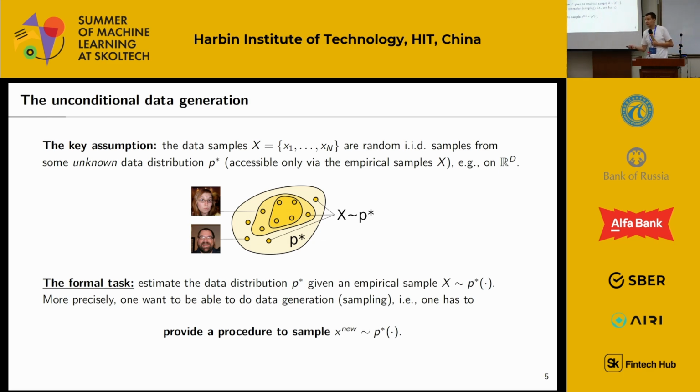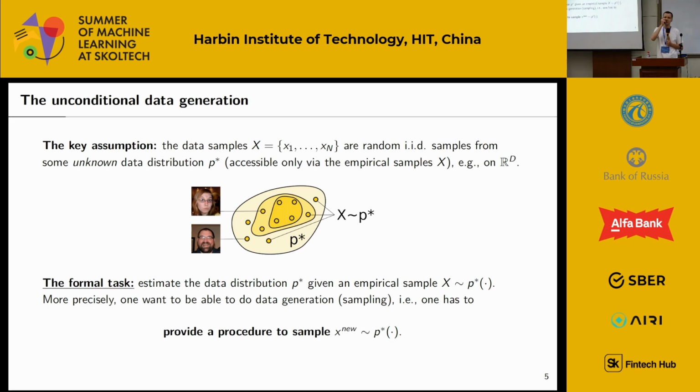So this problem is usually formalized in the following manner. You have some data set and you assume that this data set is nothing but independent identically distributed samples from some unknown data distribution P star, and you need to reconstruct this data distribution.